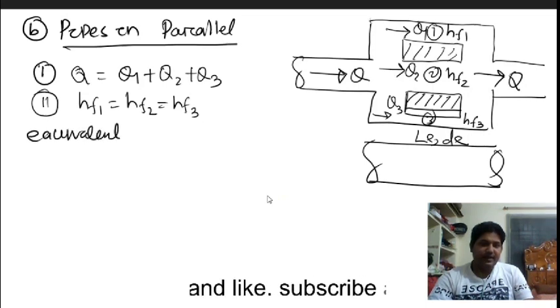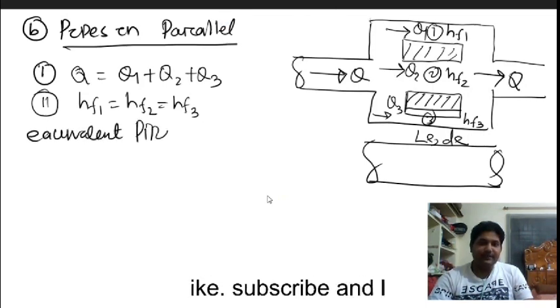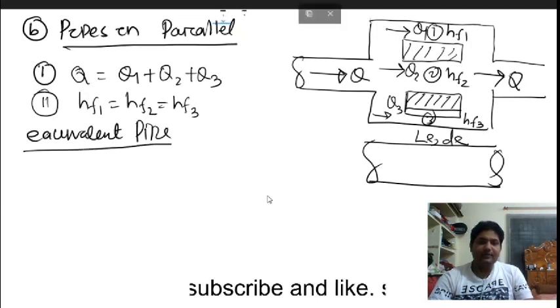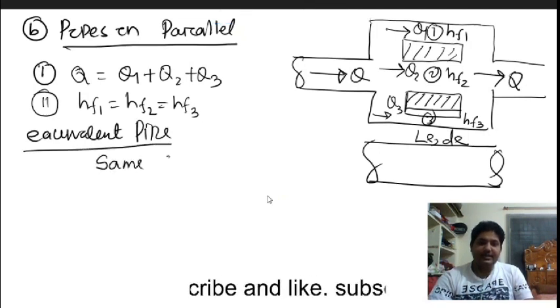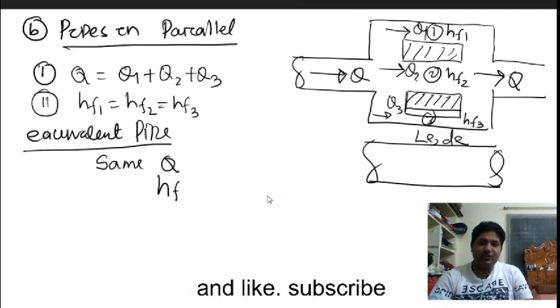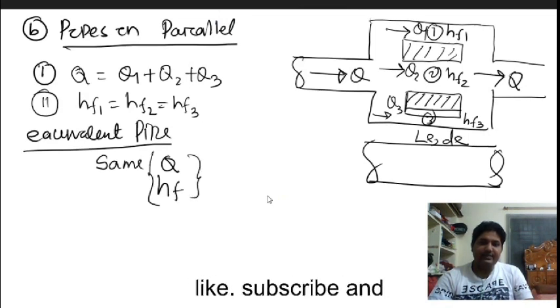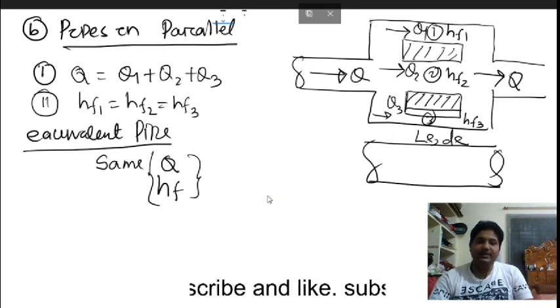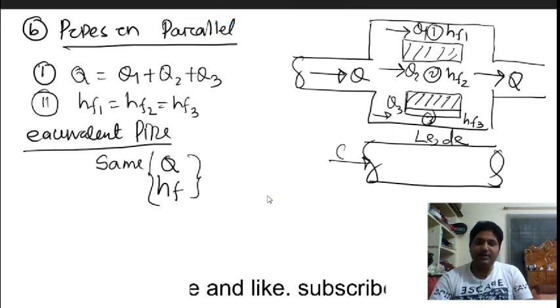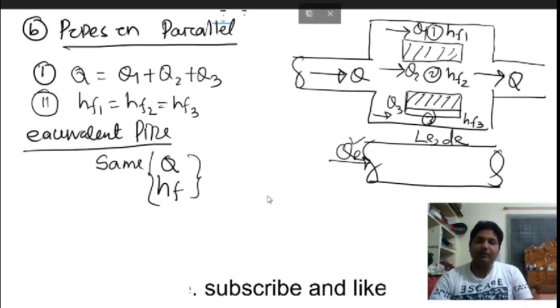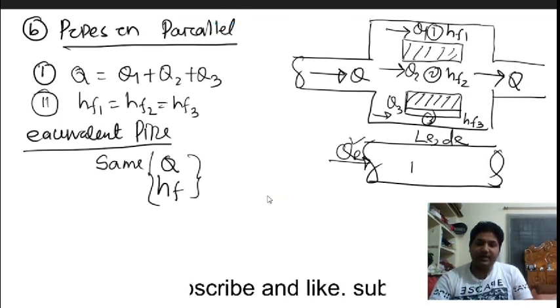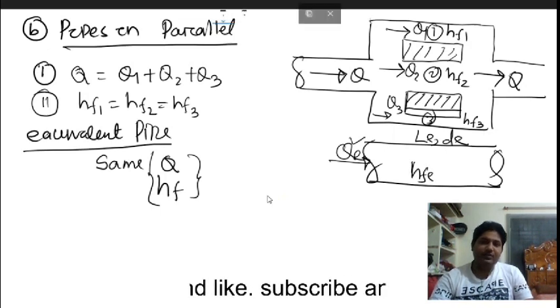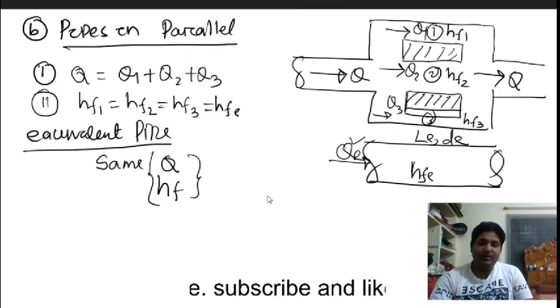The equivalent pipe is the pipe which has the same discharge and head loss due to friction as that of the compound pipe. Suppose the discharge flowing is QE, that will be equal to the compound pipe discharge, and the head loss will also be the same as the equivalent pipe head loss.